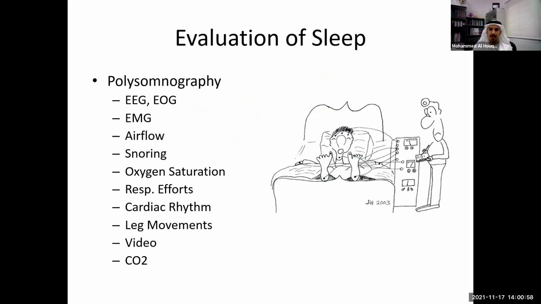So we do an evaluation with a full polysomnography, also known as a sleep study, attended by sleep technologists, where the patient is hooked up in a sleep lab with EEG to check the stages of sleep, EOG, EMG, airflow, snoring channels, a mic, oxygen saturation, respiratory effort, cardiac rhythm via ECG, EMG for leg movements, as well as video monitoring and sometimes transcutaneous CO2 monitoring.